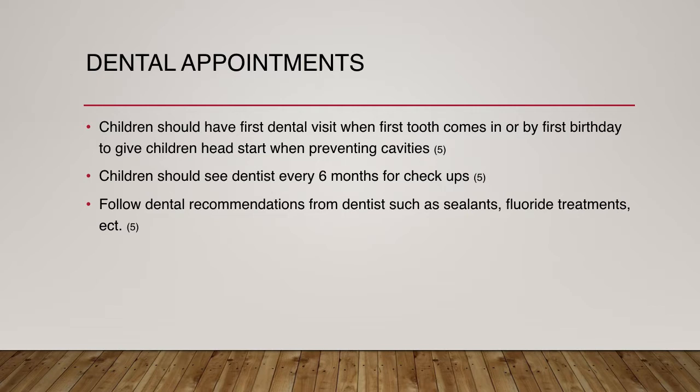So the sealant fills in those deeper grooves so that stuff doesn't get in there, because sometimes your toothbrush just can't get to it, and so there's just no avoiding getting a cavity in that spot. So sealants are great if your kids have some of their adult molars in already. Sealants would really help with them not getting cavities in those teeth.